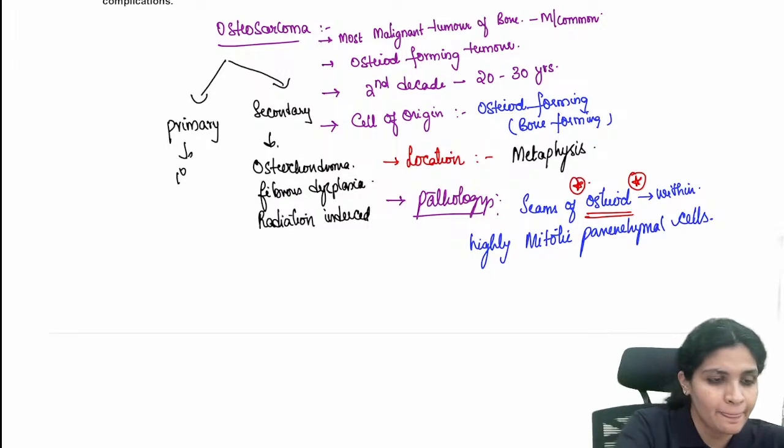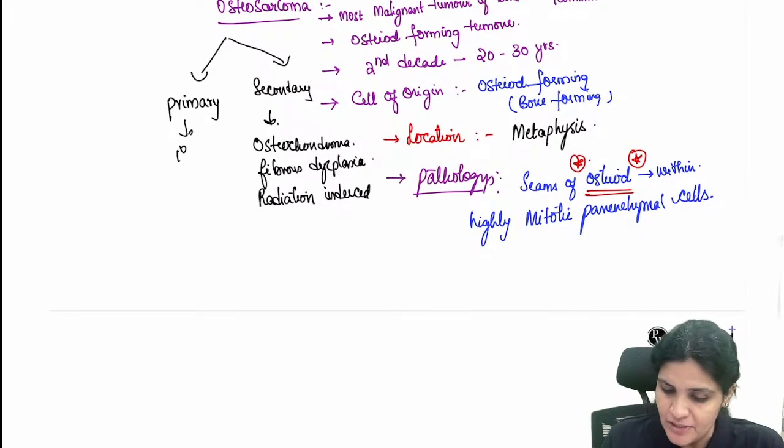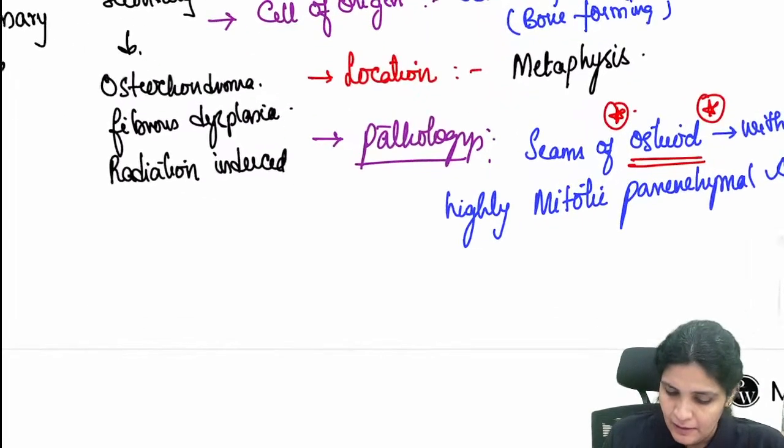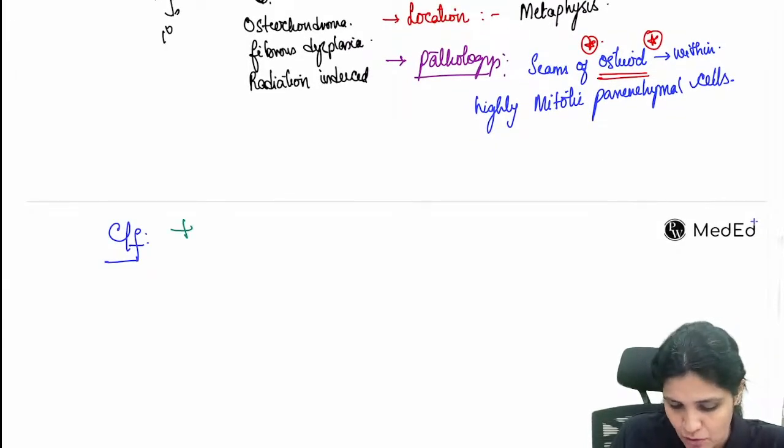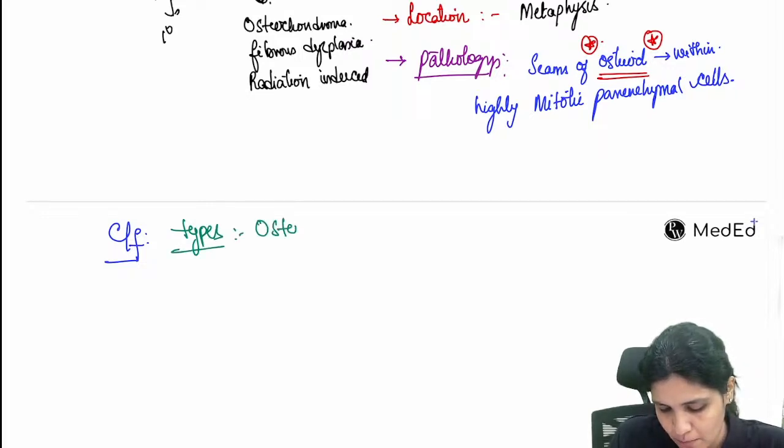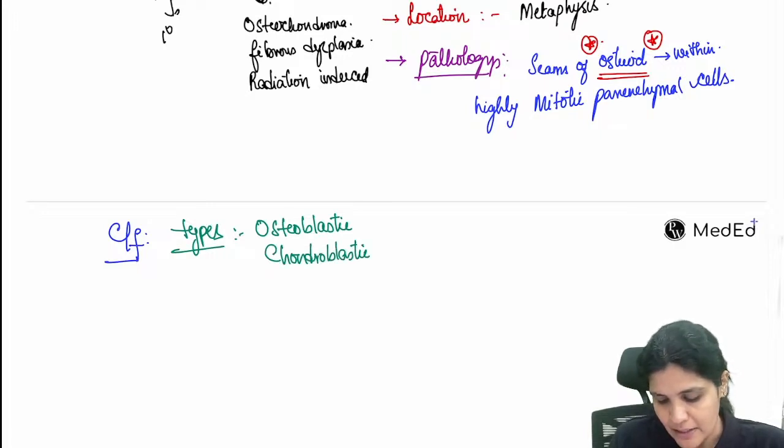Okay, so that is the pathology. And then clinical features. Before that, what are the various types of osteosarcoma we have? We have osteoblastic osteosarcoma, chondroblastic osteosarcoma, right?